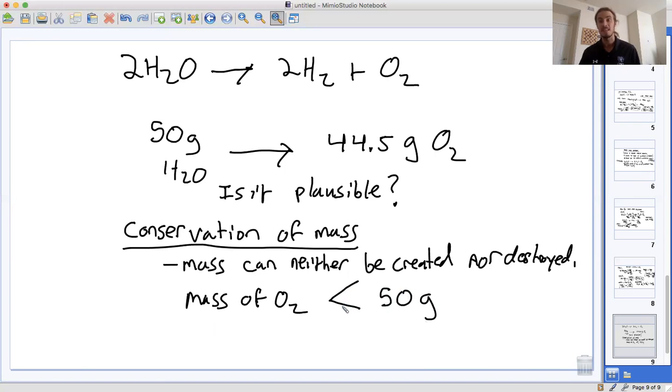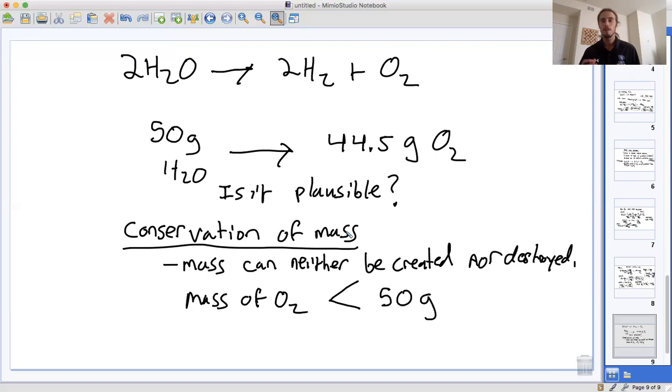And I say less than and not less than or equal to, because I know that there also has to be hydrogen. Oxygen doesn't get made in isolation. So is my answer of 44.5 grams plausible? Well, it doesn't violate conservation of mass. It's less than 50.